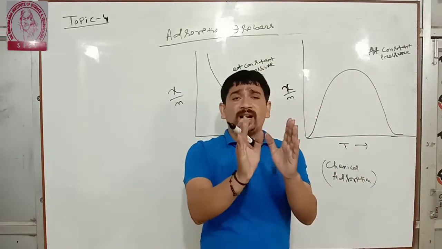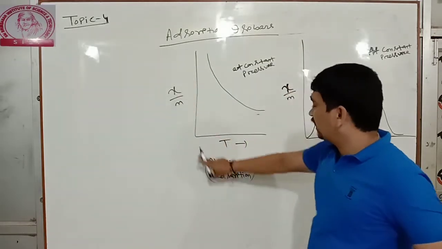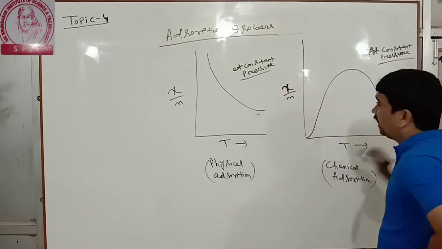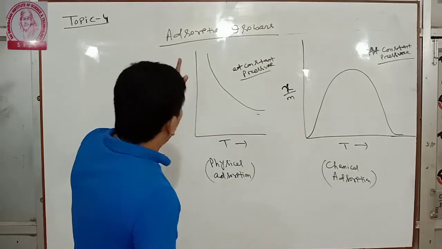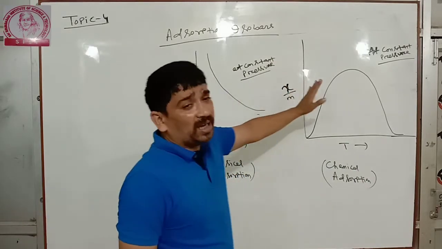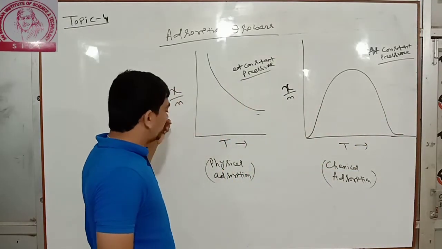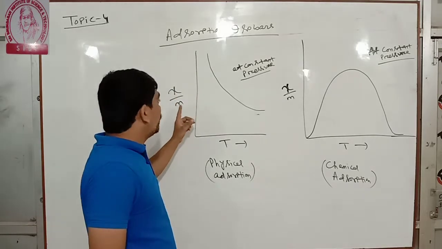So this is all about adsorption isobar, and we are plotting the graph for physical adsorption and chemical adsorption at constant pressure. This point also gives the difference between physical adsorption and chemical adsorption. By plotting the adsorption isobar graph, look at here x by m, where x is the mass of the adsorbate and m is the mass of the adsorbent.